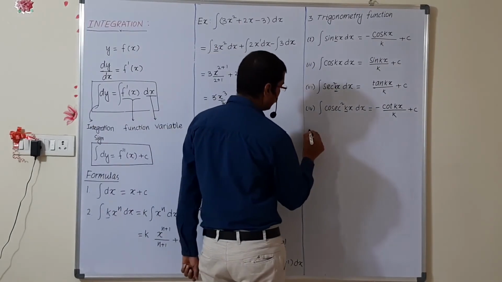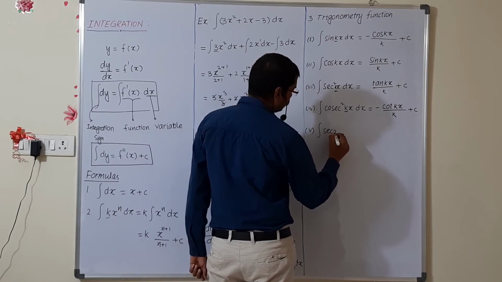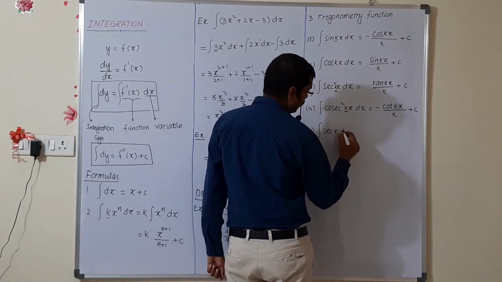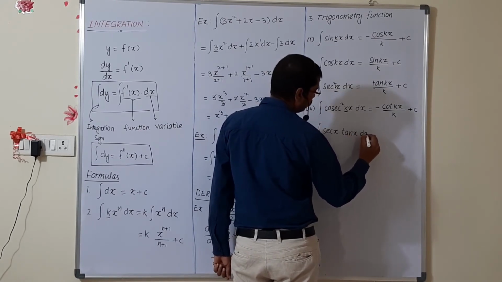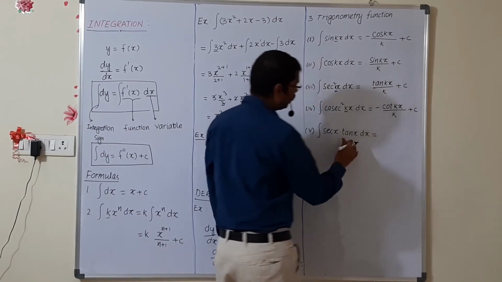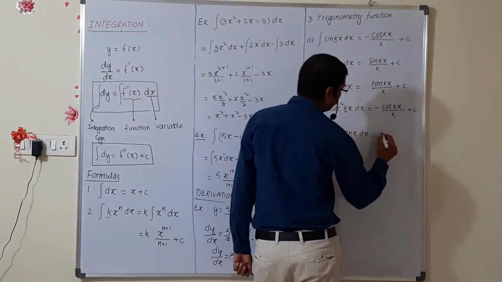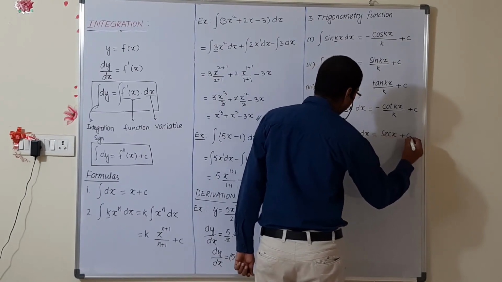Then the fifth one, integration of sec x tan x dx. Already we have discussed, that is sec x plus c.